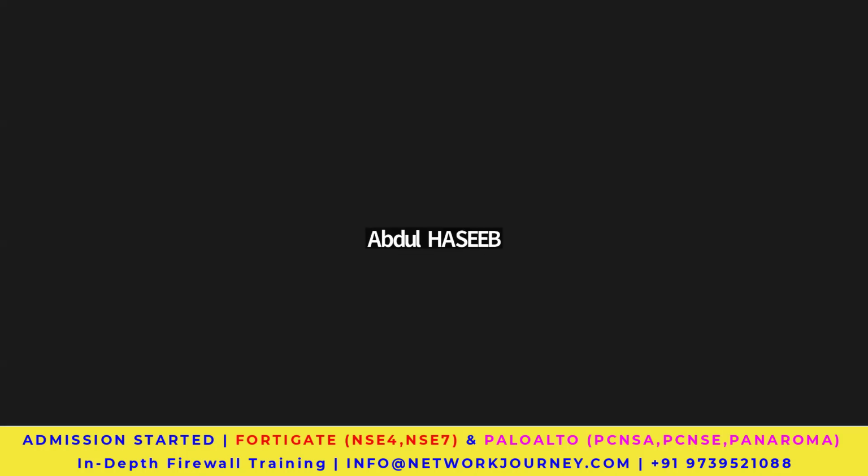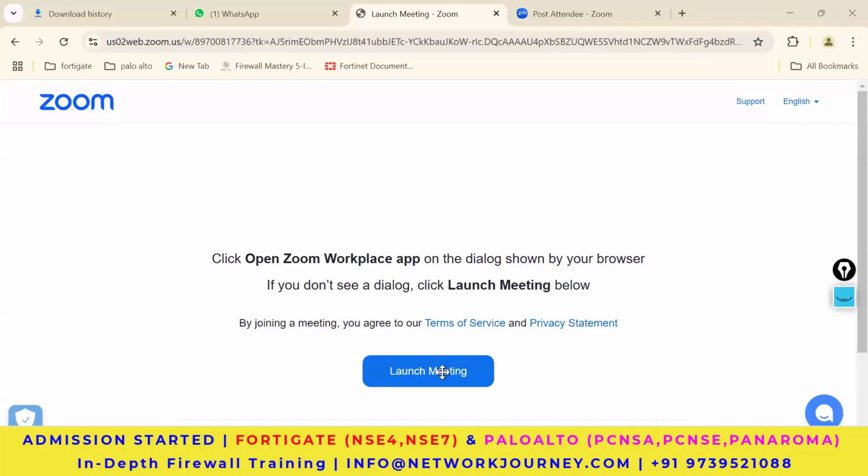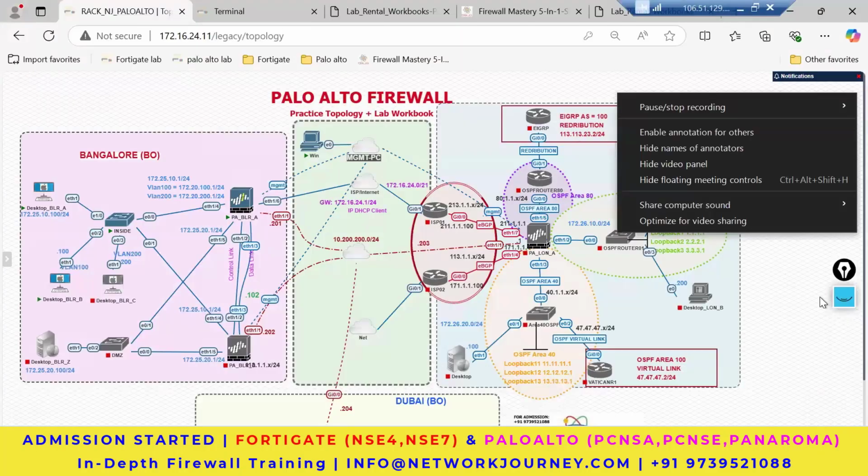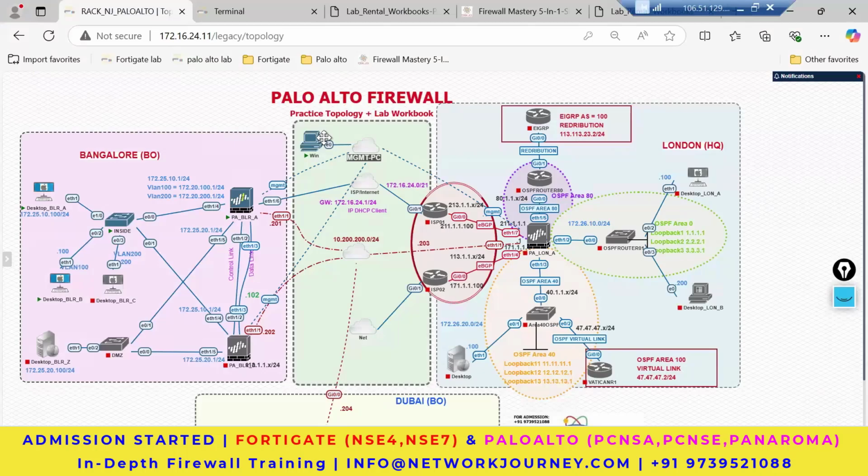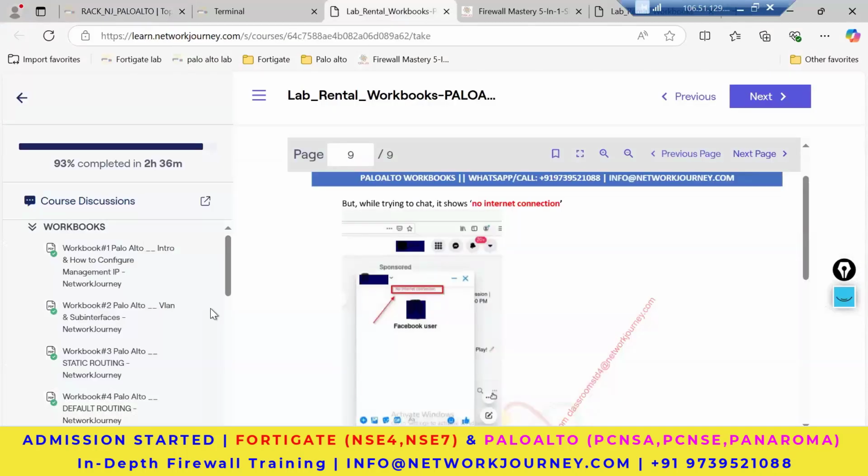Yeah. So I was asking about link aggregation in the firewall. Secondly, will we be doing the routing protocols like EIGRP or OSPF on the command line or on the GUI?